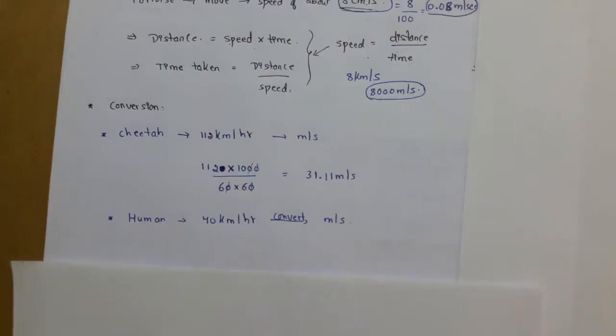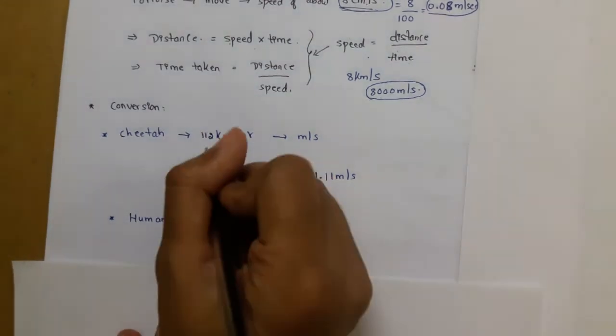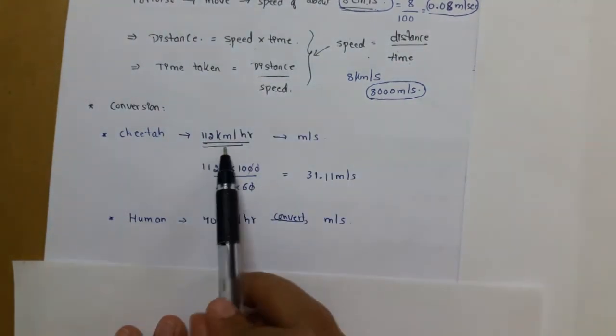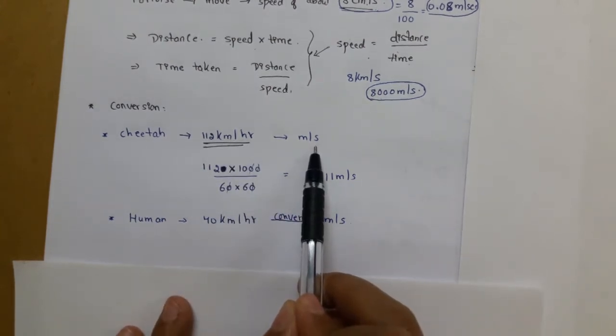Let's see a few more conversions, from kilometer per hour to meter per second. We took the cheetah speed as 112 kilometer per hour. So converting kilometer per hour into meter per second, how?